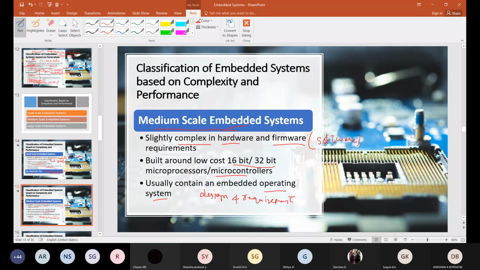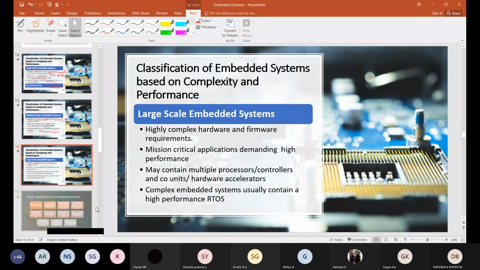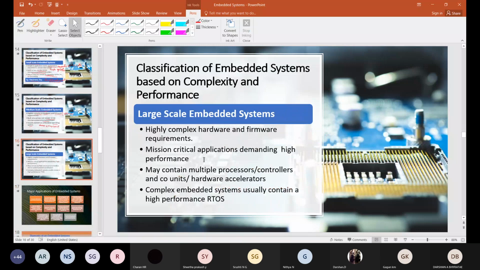Okay, and next is the large scale embedded system. Large scale embedded system is nothing but again much more complexity compared to a medium scale embedded system. Again, higher complex hardware and software are required. That is what we call a large scale embedded system.